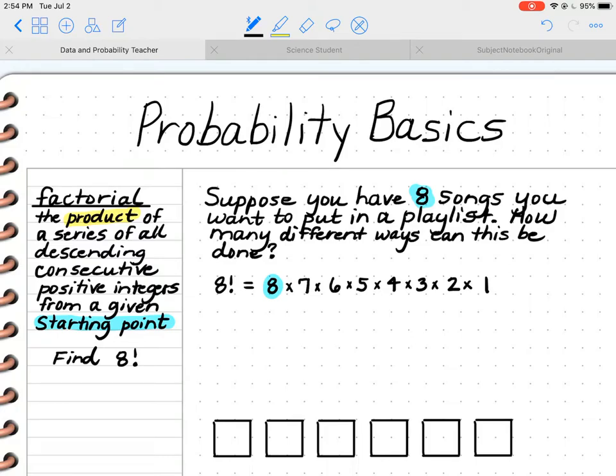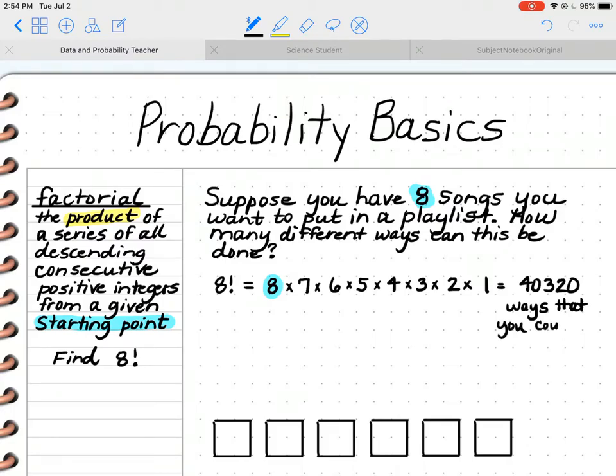So 8 times 7 times 6 times 5 times 4 times 3 times 2 times 1. And you can type that in your calculator. That's perfectly fine. Let's go ahead and do that just to show you this will work. So 8 times 7 times 6 times 5 times 4 times 3 times 2 times 1. So there are a lot of these. There are 40,320 ways that you could set up your playlist.